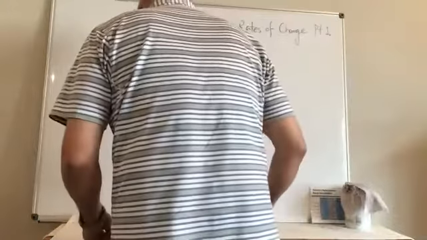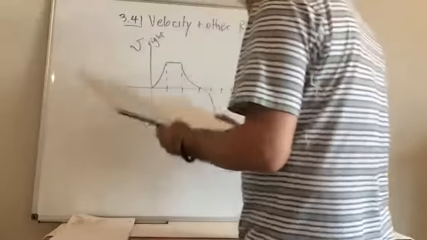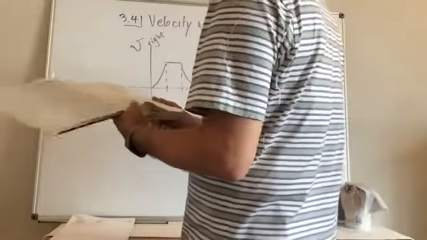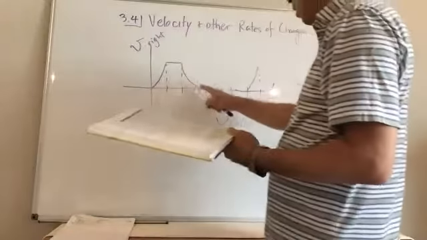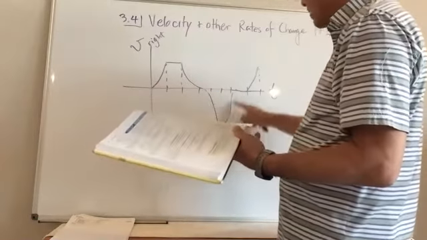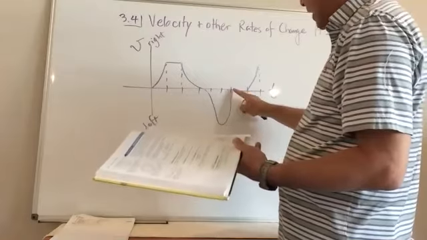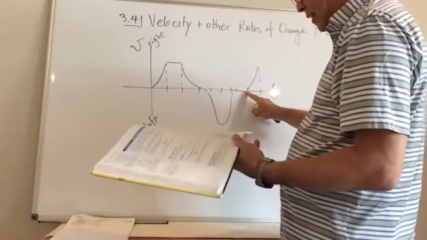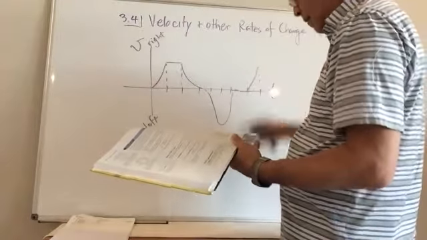Let's see what it says. It says the student moves forward for the first 14 seconds, then moves backwards for the next 12 seconds, stands still for 6 seconds, then moves forward again. All right, so that's that.